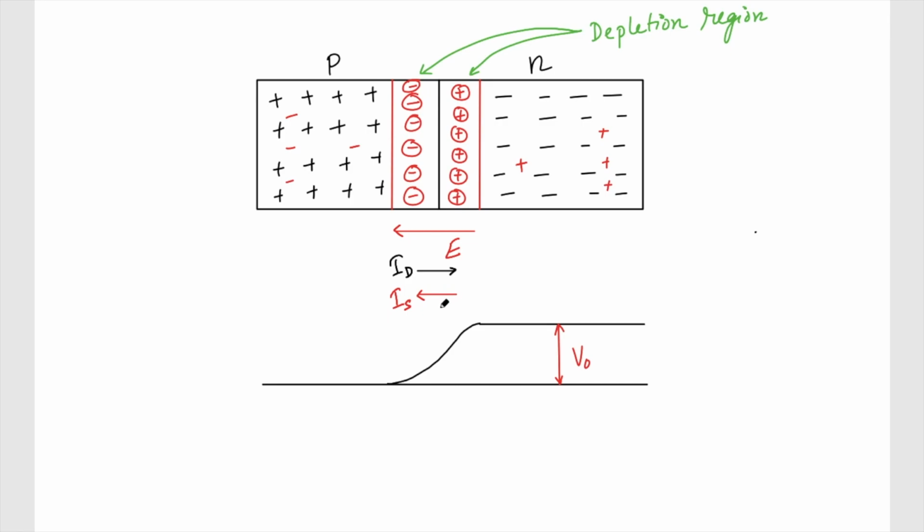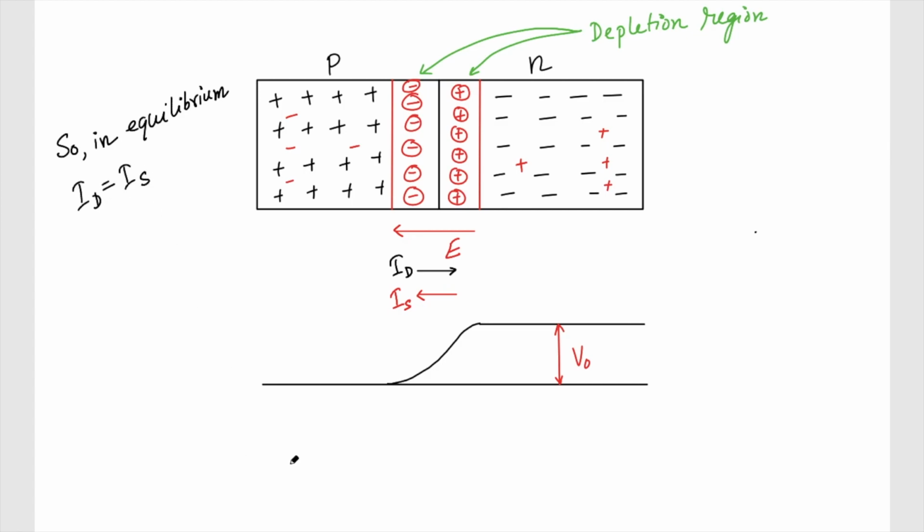Okay, and in equilibrium condition, this ID will be equal to IS, or in other words, the diffusion current will be perfectly balanced by the IS current, which is based on the minority charge carriers. So in equilibrium, the diffusion current ID is equal to IS.